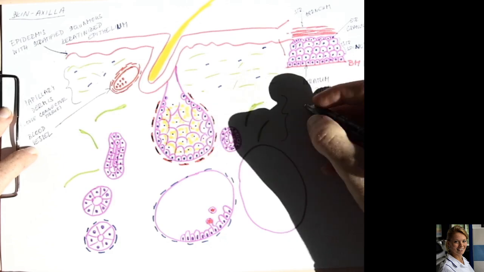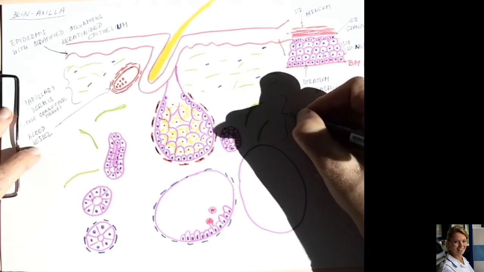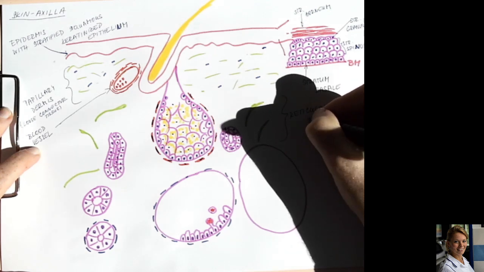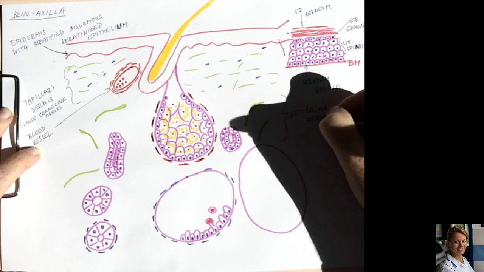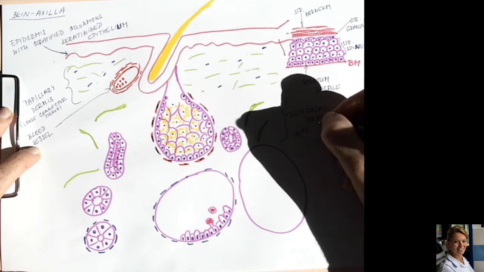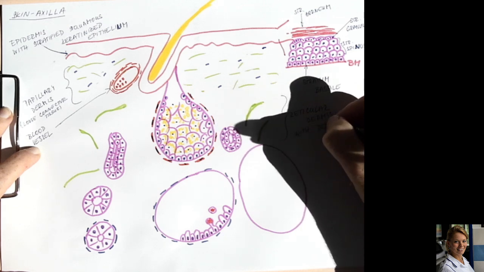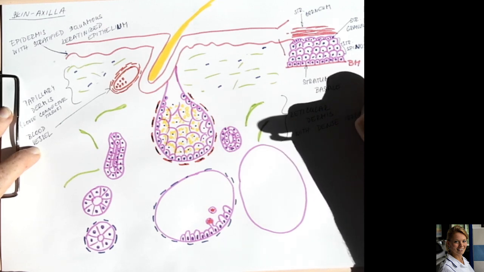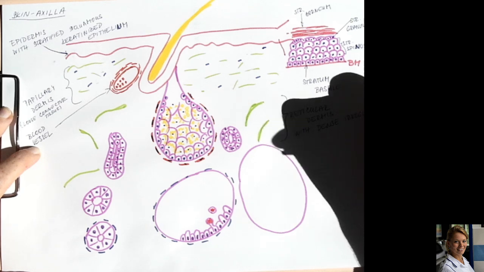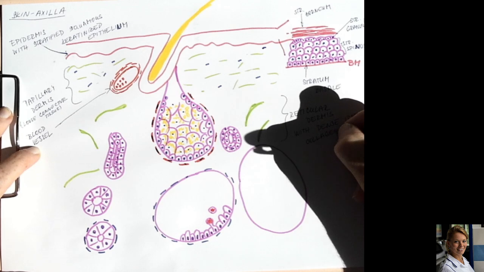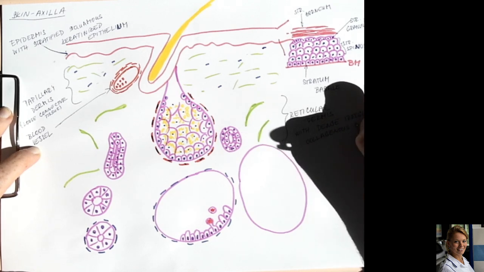And deeper located is the reticular dermis, with dense irregular collagenous connective tissue.